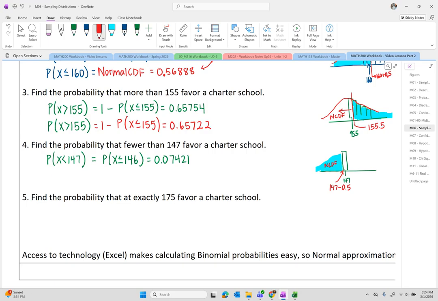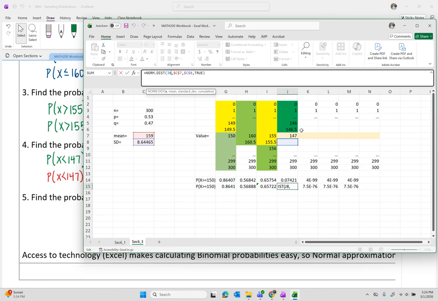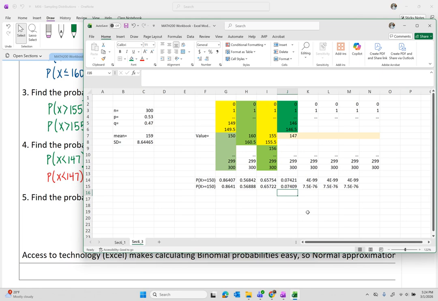So for the normal distribution, x less than 147 will be the probability of x being less than or equal to 146.5, and that will be the normal CDF with 146.5. I also need this value calculated in my normal CDF. So here I need the normal distribution with the value of 146.5. And that was 0.07409.